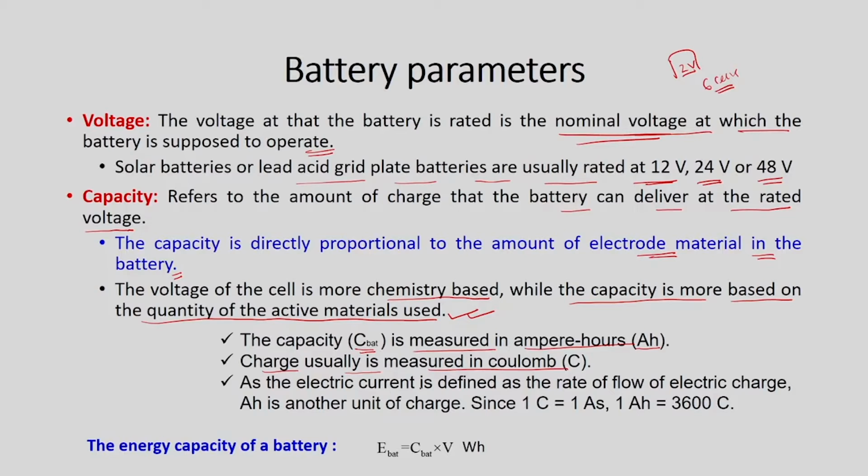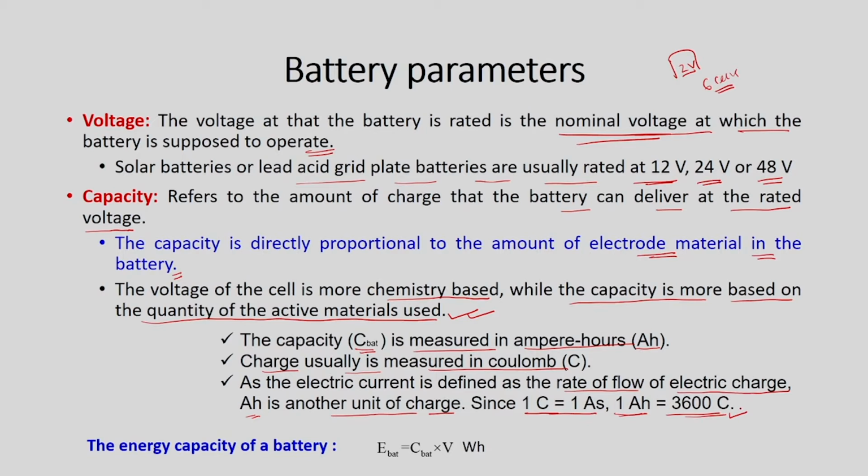Ampere second. Electric current is defined as the rate of flow of electric charge. Ampere hour is another unit of charge, since 1 coulomb is 1 ampere second. If we multiply this with 3600, then it will become 1 ampere hour, which is nothing but 3600 coulomb.